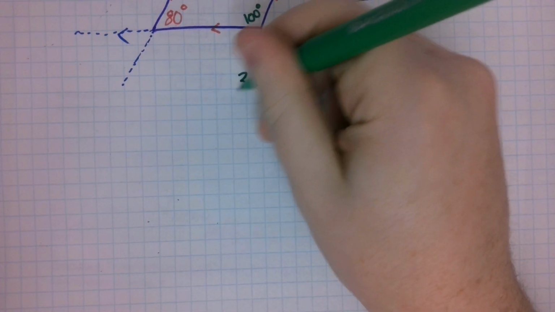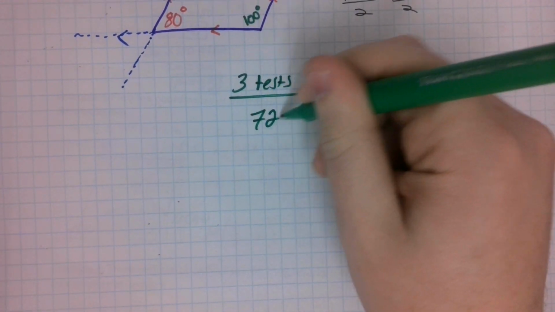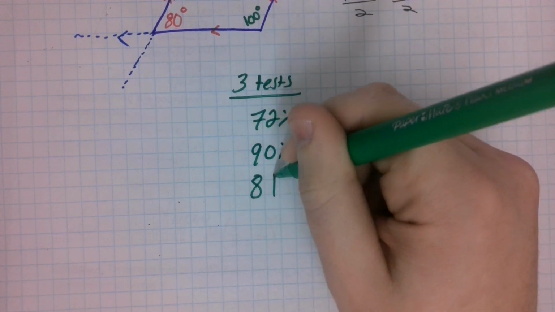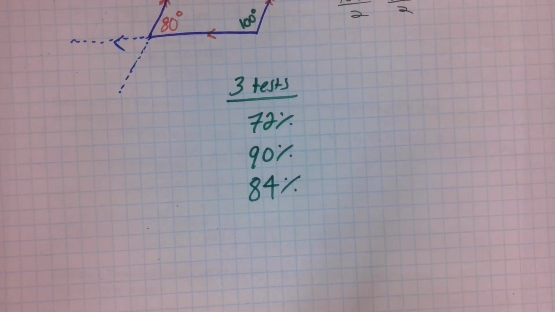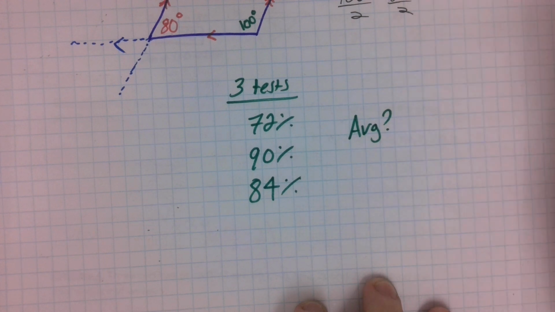Let's say last semester I took 3 tests. On the first one, I got a 72%. On the second one, I got a 90%. And on the third one, I got an 84%. Cool. How could I figure out the average of my tests?